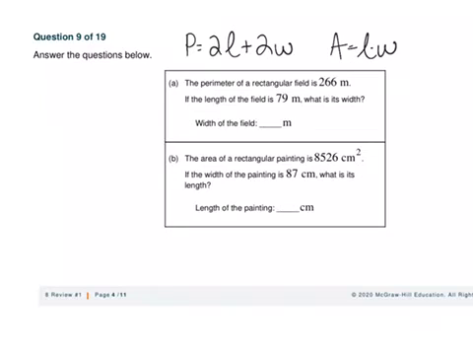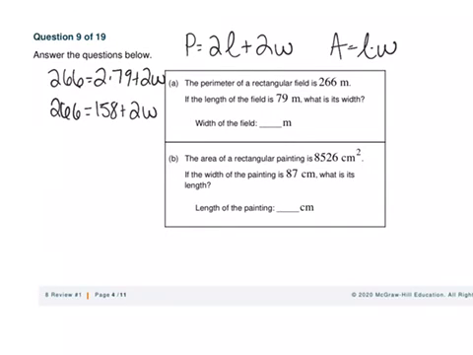And again, I'll give you these formulas when you are taking the test. So they give us in the first one that the perimeter is 266. So we say 266 is equal to 2 times the length, which is 79, plus 2 times the width. And we don't know what the width is, that's what they want us to find. So 2 times 79 is 158. So we have 266 is equal to 158 plus 2w, and then we're going to minus the 158 from both sides, okay?